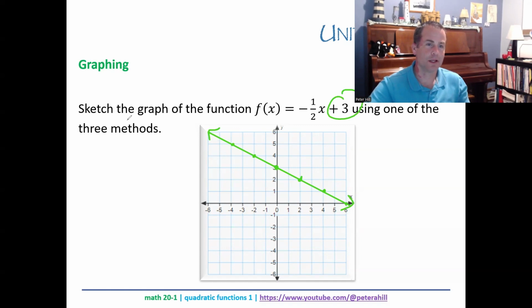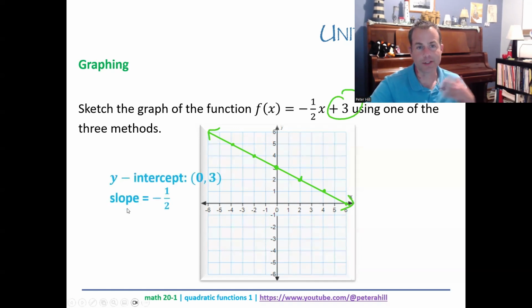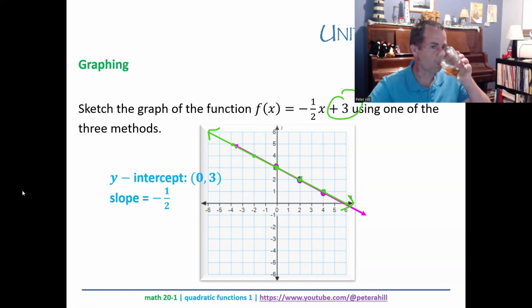So in my reasoning, I'm going to state, hey, I know that the y-intercept is at 0, 3, and I know that I have a slope of -1/2, and then this is exactly what I just did, and there's our line, okay? Awesome.